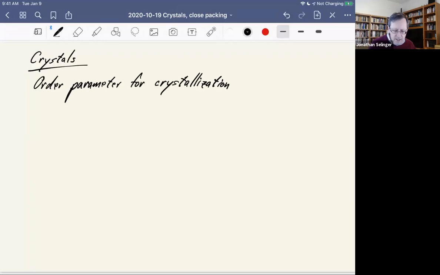The liquid has complete translational symmetry. The crystal has only partial translational symmetry. The liquid has complete rotational symmetry. The crystal has only partial rotational symmetry. So there is some symmetry breaking associated with this transition.